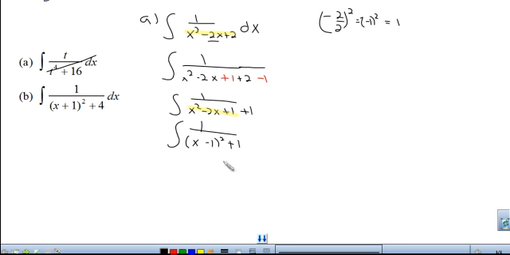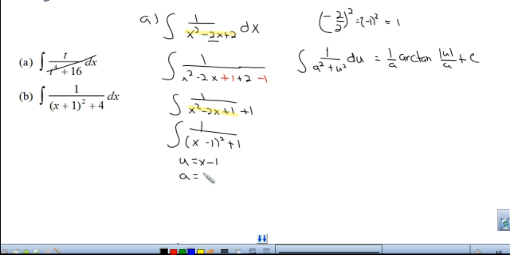So this is our arctangent. Remember, the integral of 1 over a squared plus u squared is 1 over a arctangent of u over a. So in this case, u is x minus 1 and a is 1.